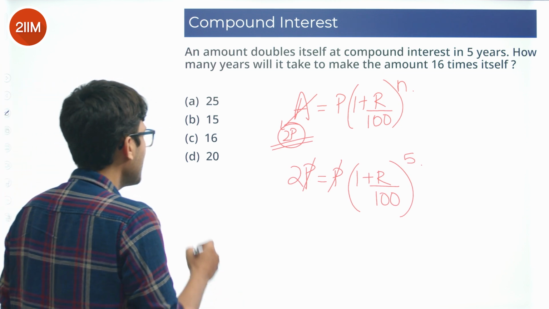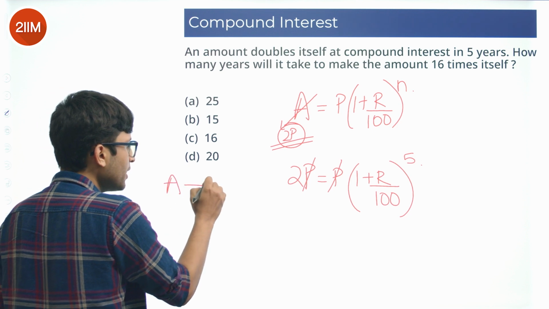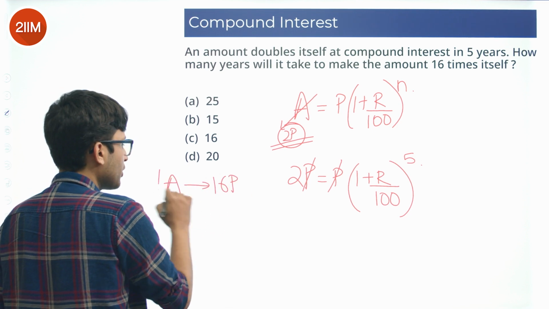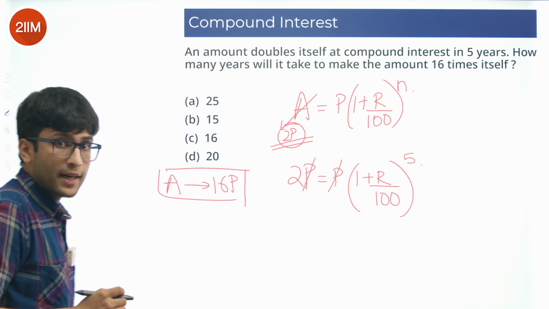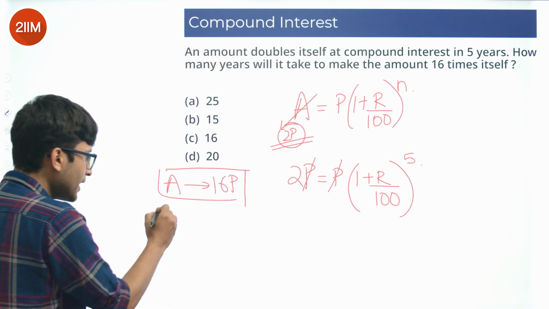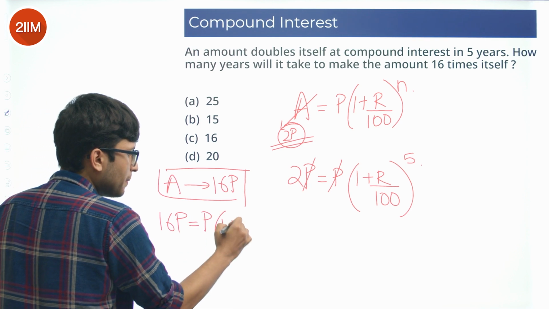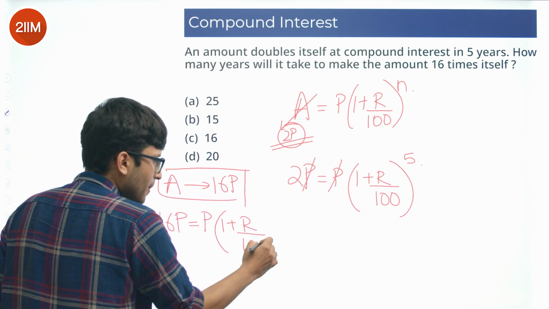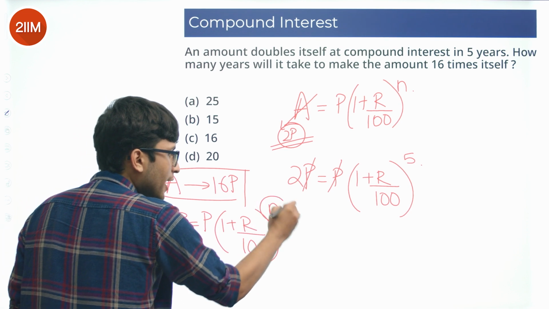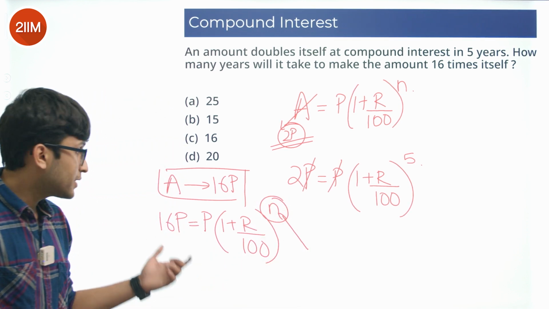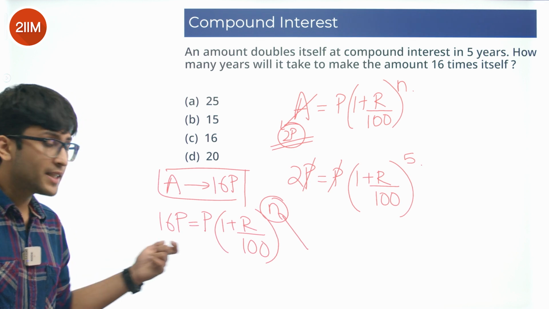So the amount is becoming 16P. 16P is equal to P into 1 plus R by 100 power n, where n is the value I need to find out, because I want to know when this is becoming 16 times.